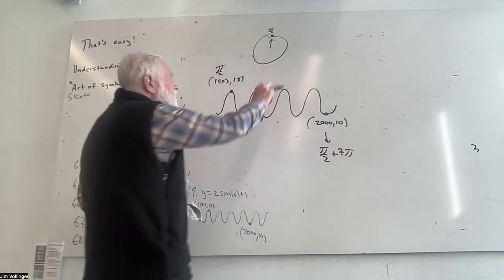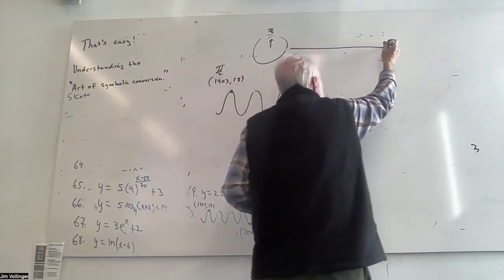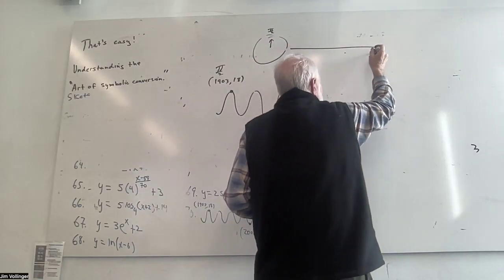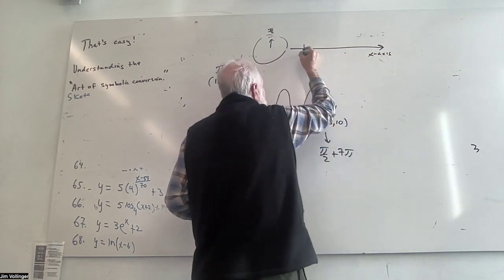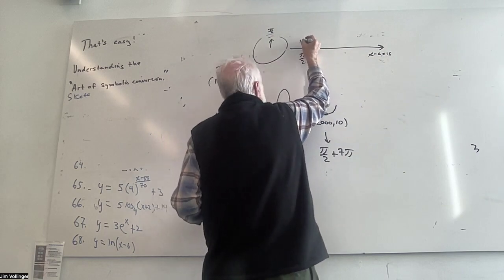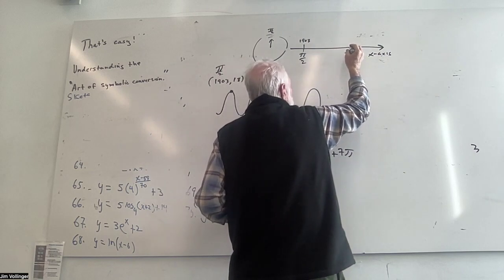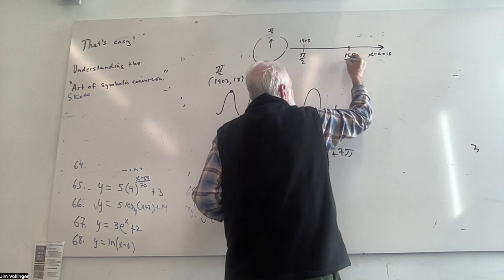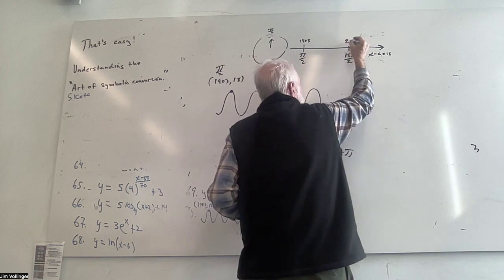And if I snip this and unwind it, I get an axis, and that is going to be our x-axis, and it's going to have all of these things on it. Pi over 2 is going to match up with 1903, and 7 pi plus pi over 2, which is 15 pi over 2, is going to match up with 2000.